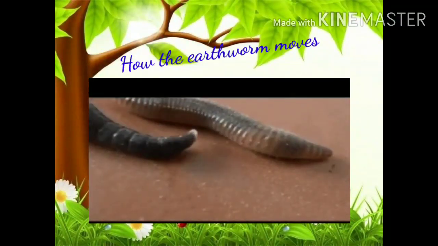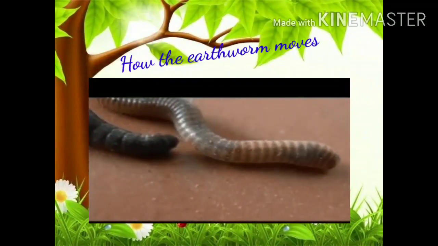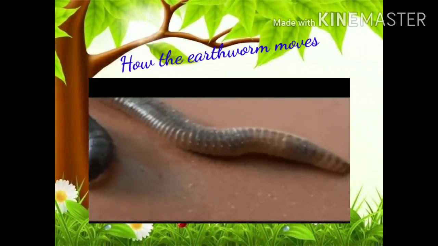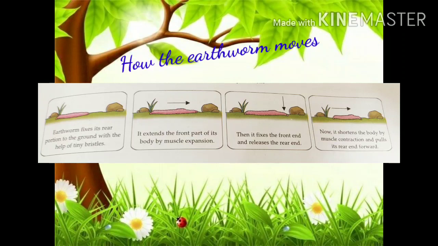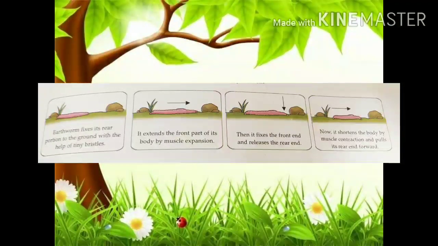Now it shortens the body by muscle contraction and pulls its rear end forward. This diagram given on page 85 of your book is showing you the movement of earthworm. You all learn these steps nicely.